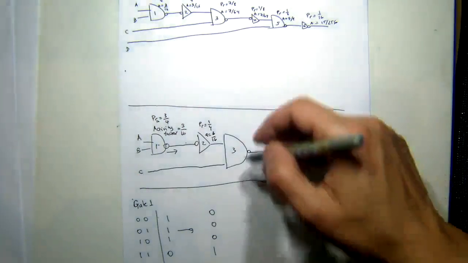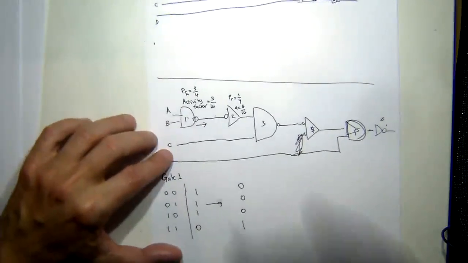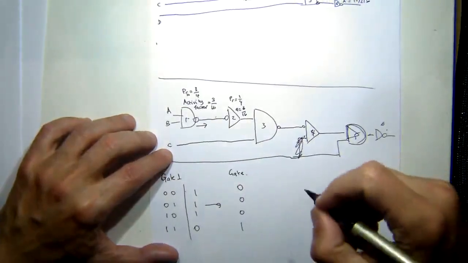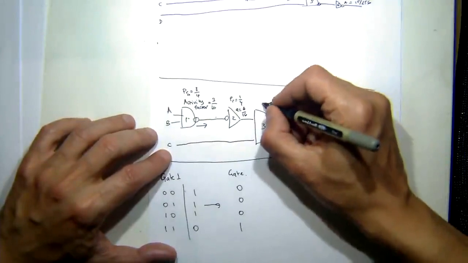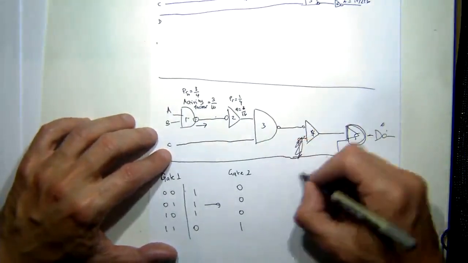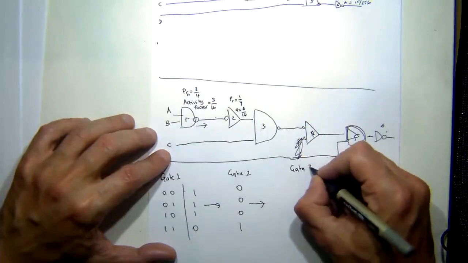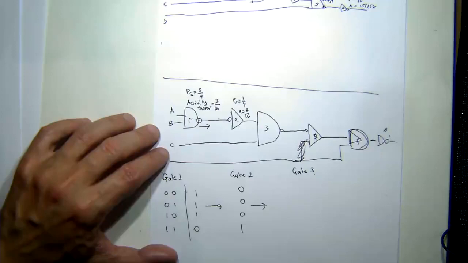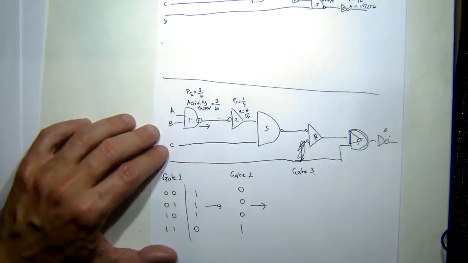How about here? This is where it starts getting a little bit interesting. So this is gate 2, and then let's look at gate 3. What have we got? 8 outcomes.